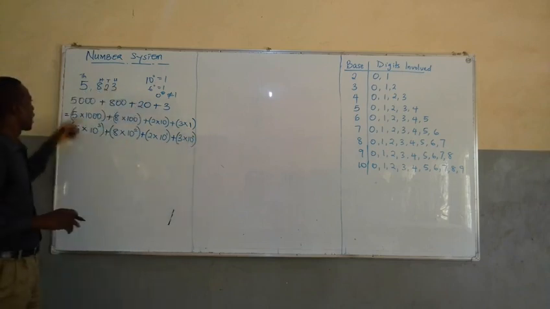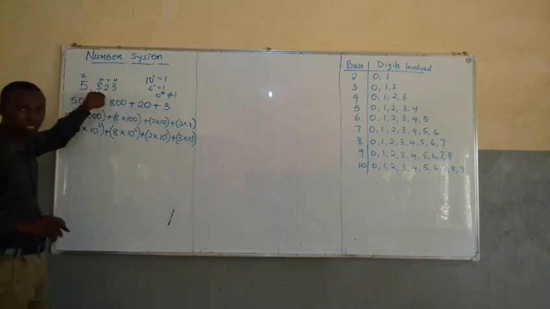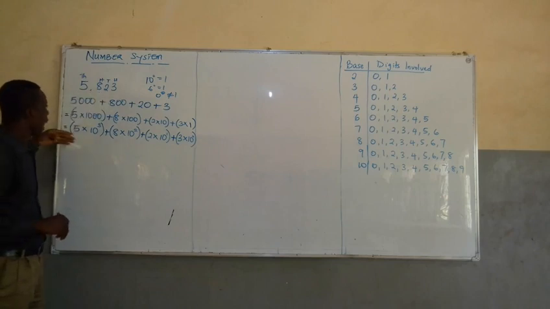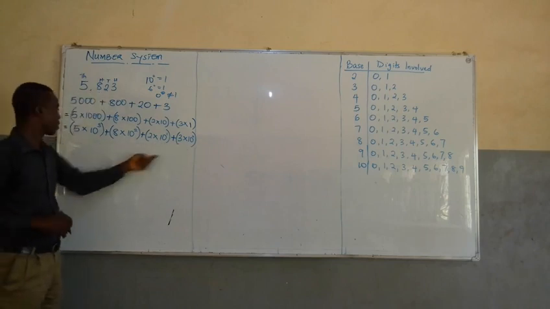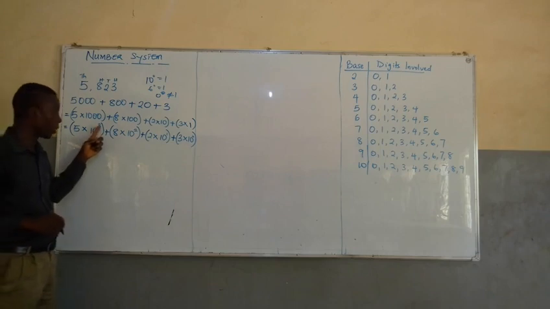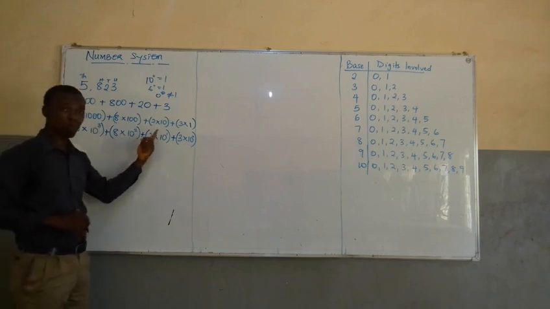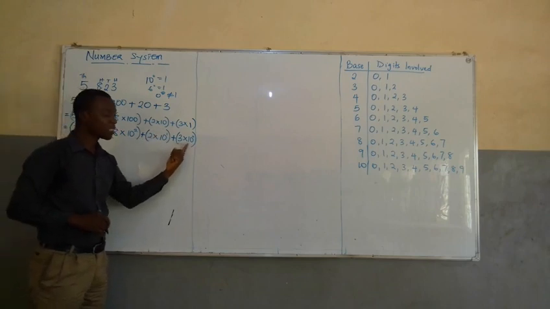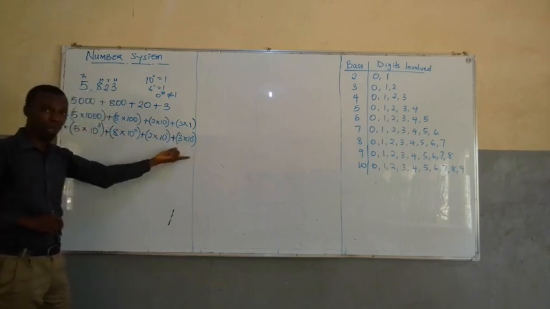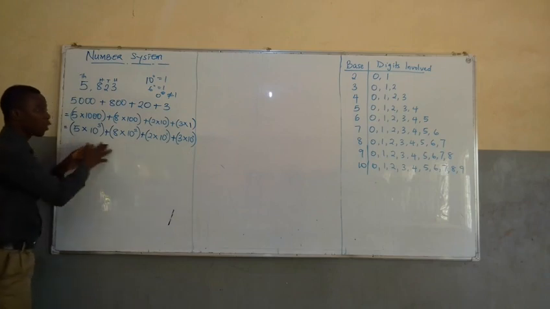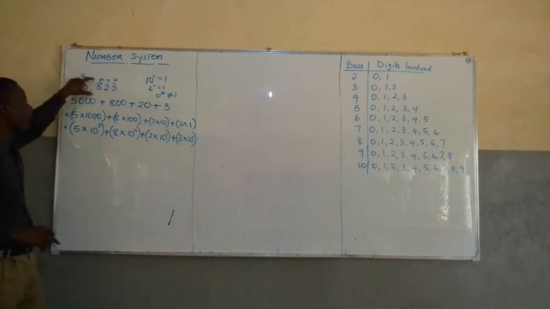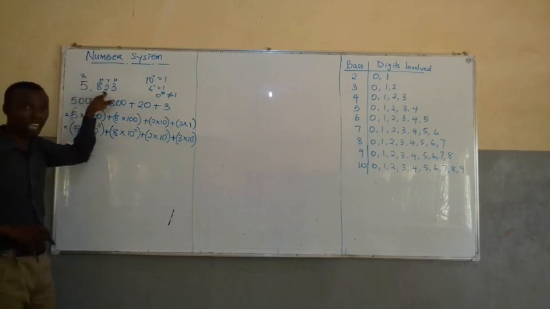Now you will see that here I have 5,823. And I expanded it this way to have 5 times 10 raised to power 3 plus 8 times 10 raised to power 2 plus 2 times 10 raised to power 1 plus 3 times 10 raised to power 0. If I simplify this to bring it all together, I'm going to have 5,823.